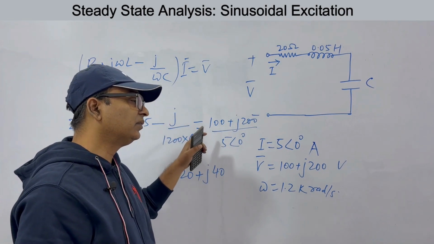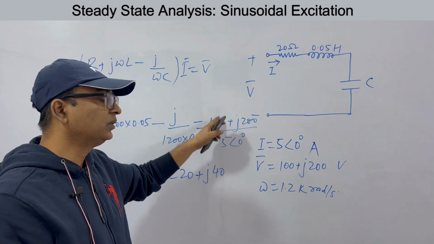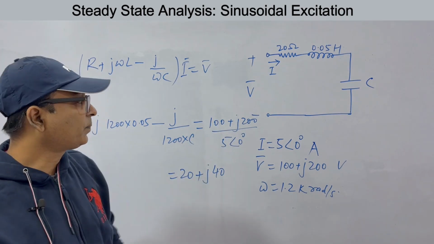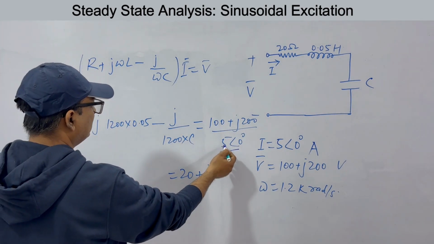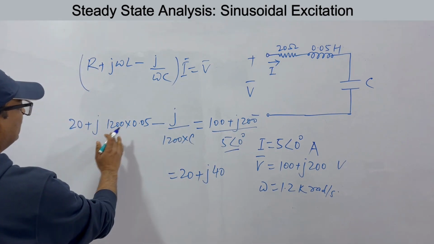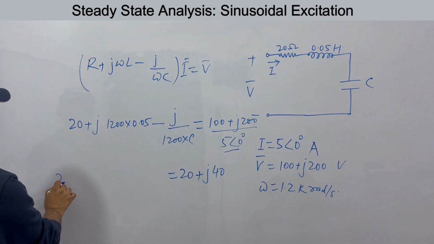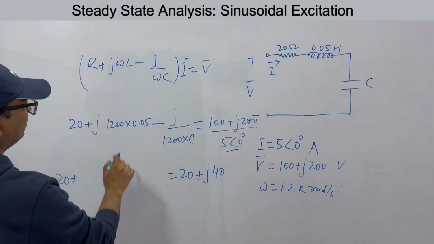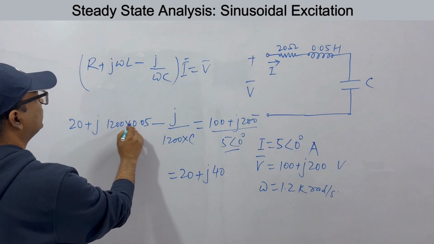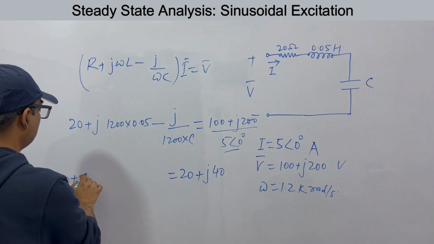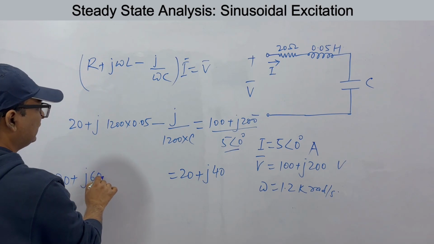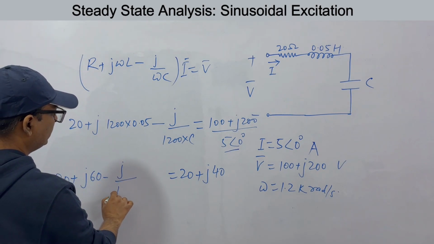If you have any confusion, convert it to polar form and then divide, you will get this only. Now look at this side. This side is 20 plus j 1200 into 0.05. 5 into 12 is 60. So this is j60 and this is j by 1200C.